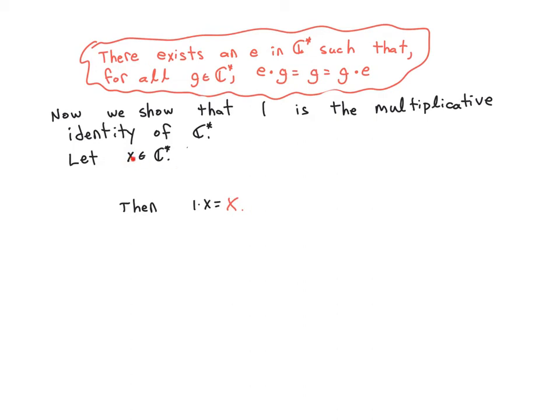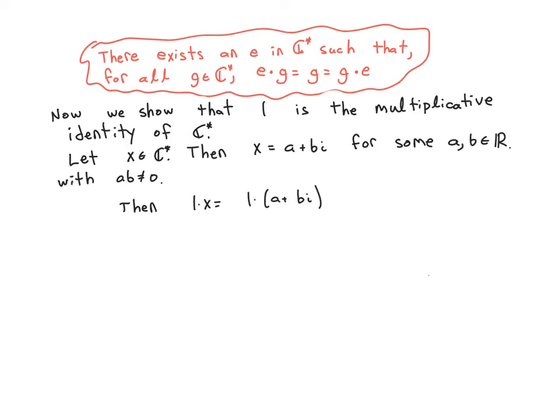Namely, x is equal to a plus bi for some real numbers a and b. So now let's do the correct proof. x is equal to a plus bi for some real numbers a and b, where a and b are not both 0. And 1 times x is equal to 1 times a plus bi.